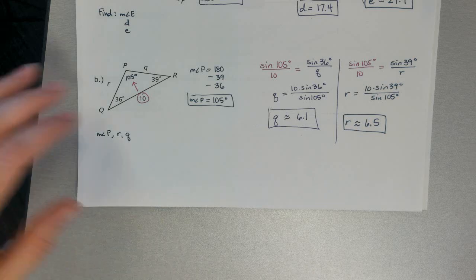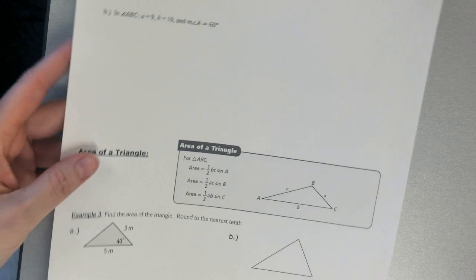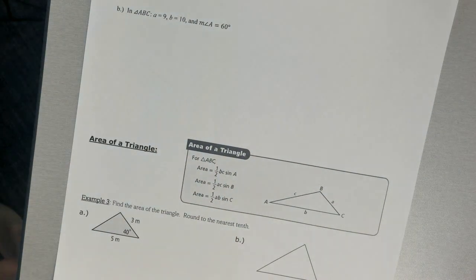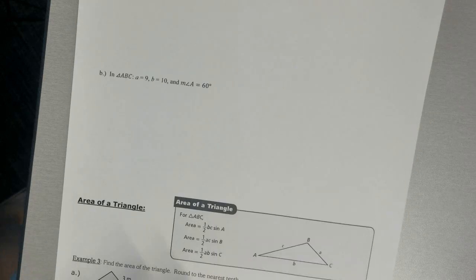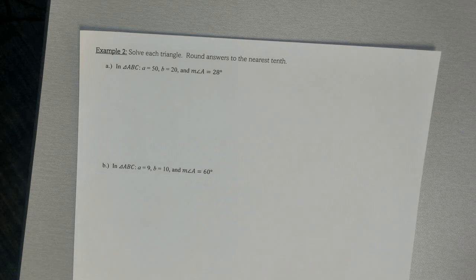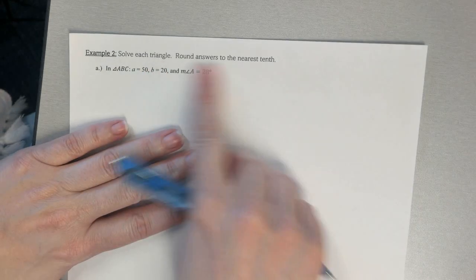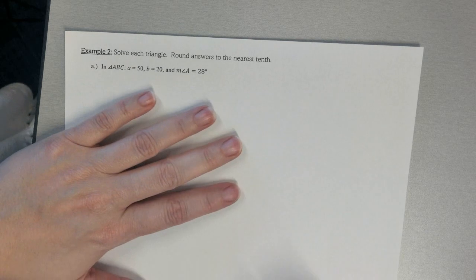All right. Now, we're going to go to the next area where we can use the law of sines. And I'm going to let you know that your book says something different. I actually cut something out this year that I think is unnecessarily confusing, and it's honestly something that you don't need in your future math classes here. So this says solve each triangle, round your answers to the nearest tenth.